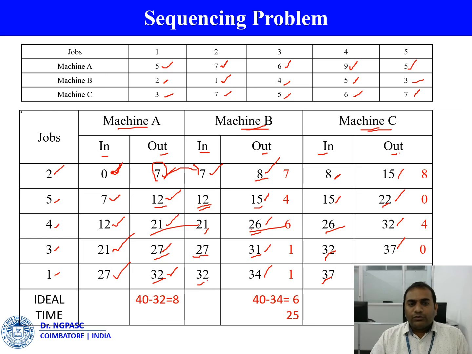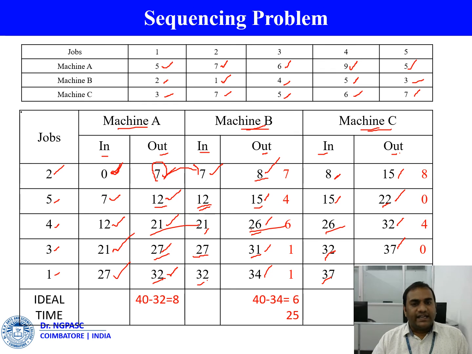Next, in the overall table, the processing ends at 40 hours. So in 40 hours the processing is completed. That means the total elapsed time is 40.